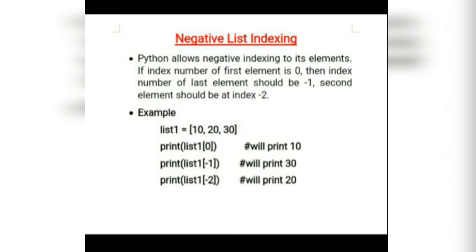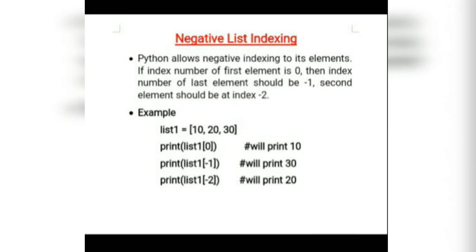Now my dear friends, negative list indexing. Python allows negative indexing for its elements. If the index number of the first element is 0, then the index number of the last element is -1, and the second element from the last is at index -2. Here I have taken an example having the 3 elements 10, 20, 30.